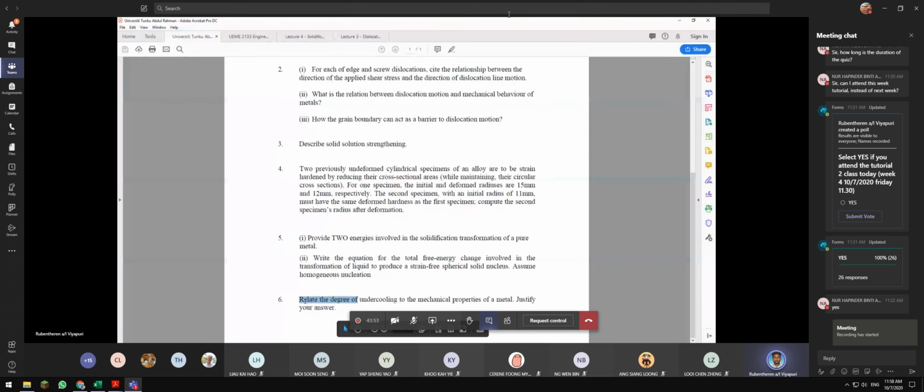Now, relate the degree of undercooling to the mechanical properties of a metal. Justify your answer. Remember guys, I told you about undercooling. Now relate it to the mechanical properties of a metal. What is the influence of undercooling on the mechanical properties of a metal? Justify your answer.